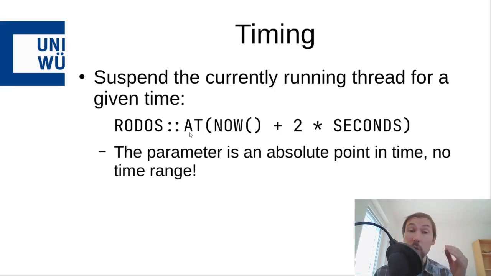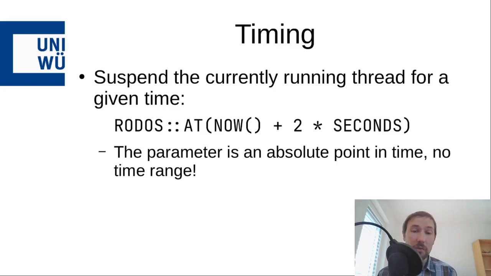So the execution stops for this thread at this very point, and the function returns after the time point has been reached. Suspending here means that the thread is marked in the scheduler as being suspended and other threads can run. We will see an example later.